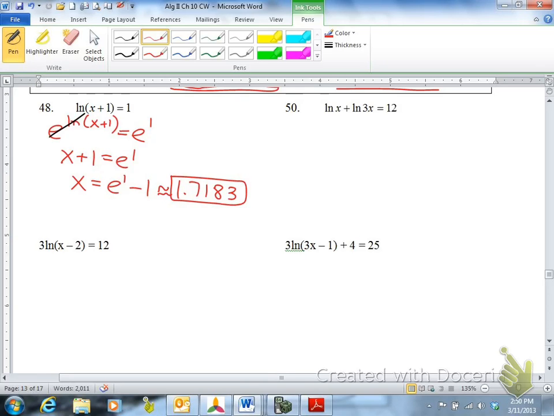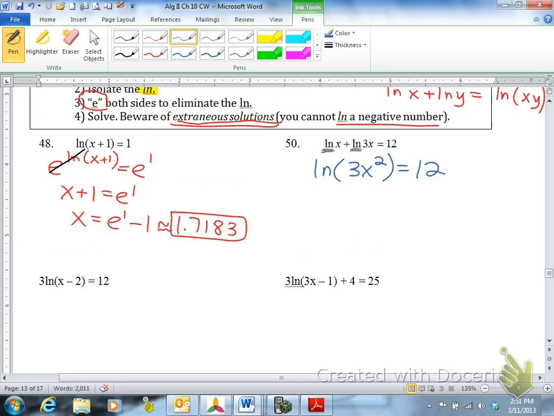On number 50, notice you have 2 logs. You have one right here, one right here. So you have to condense those 2 logs with the property of logarithms. If you have a sum of 2 logs, you can make it 1 log of a product, x times 3x, ln 3x squared equals 12. And then, as the directions say, you e both sides.